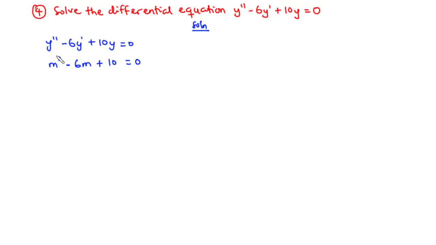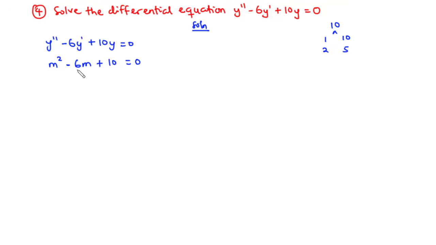You multiply the coefficient of m squared by the constant, so 1 times 10 is 10, and then you want to find two numbers that multiply to give 10 and add to give negative 6. The factors of 10 are 1 and 10, and 2 and 5. Out of these two sets of numbers, there is no way you can add any to obtain negative 6.